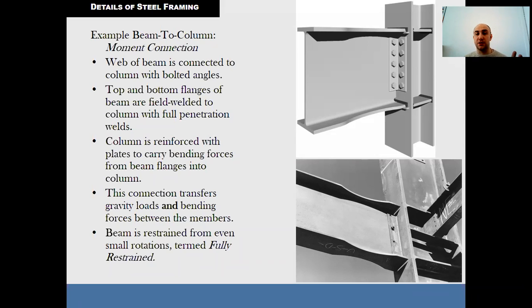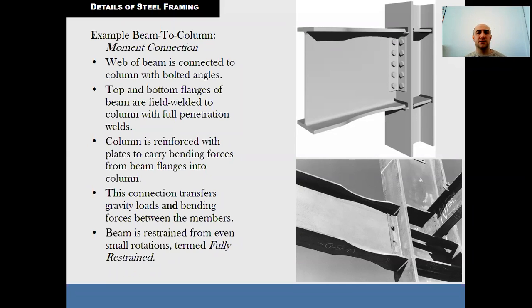Welded connections are also used in buildings with a higher danger of seismicity, so if the building is located in a seismic region. Welded connections are also used for construction with higher lateral loads, like strong winds.